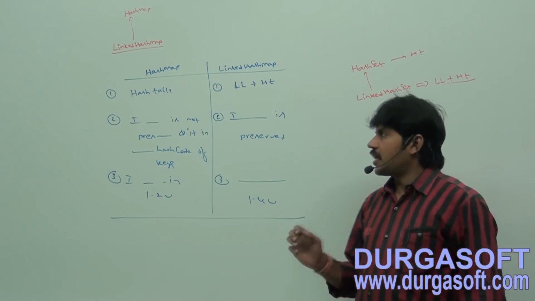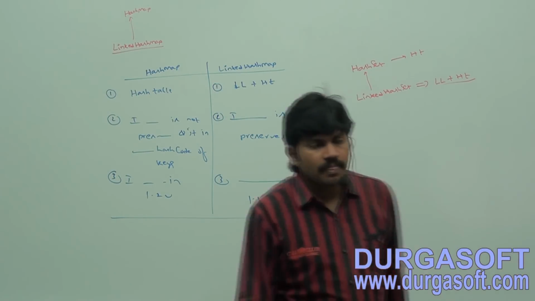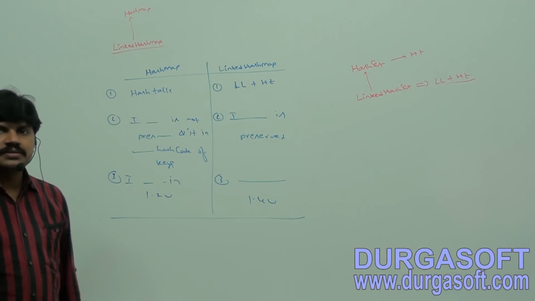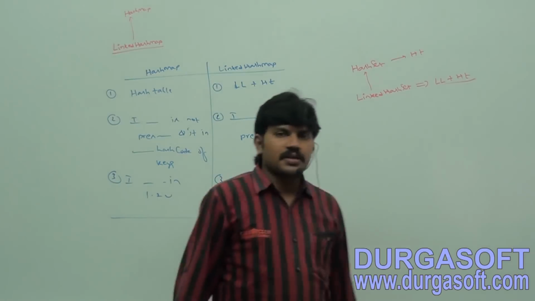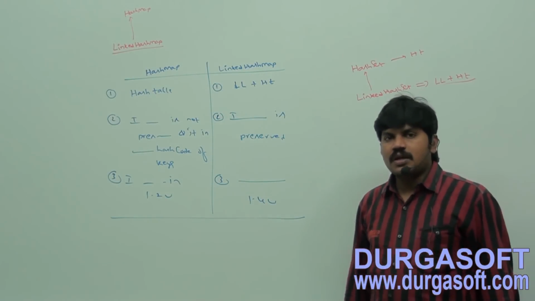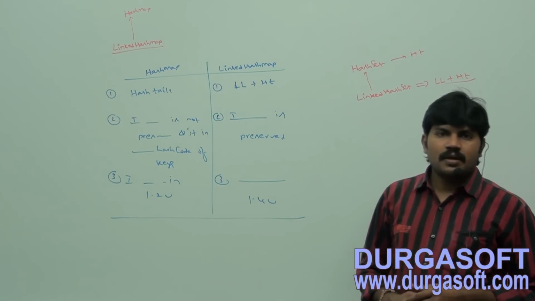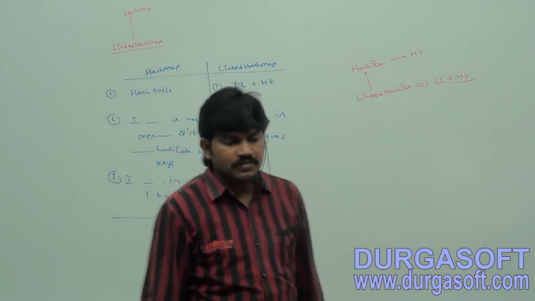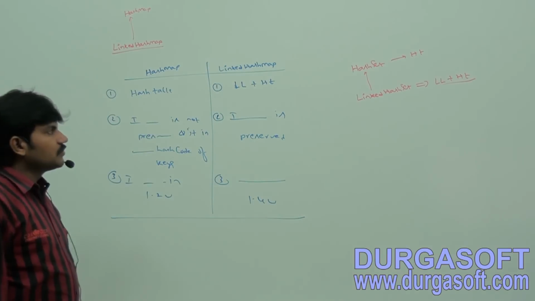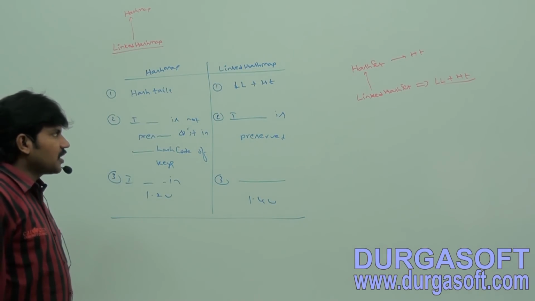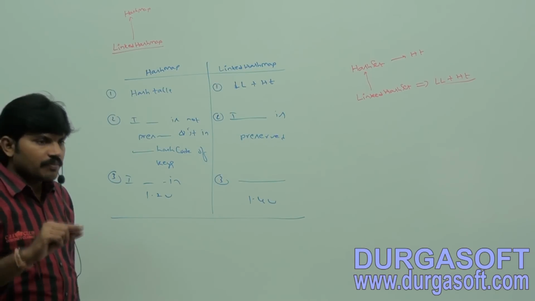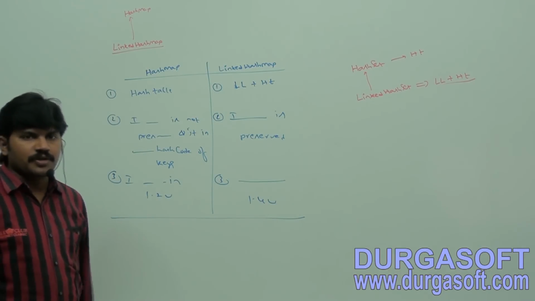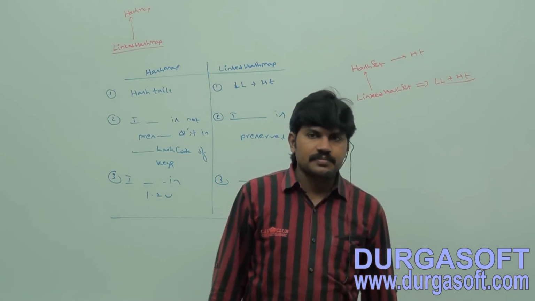On the other side, the underlying data structure is a combination of linked list and hash table, a hybrid data structure. Hybrid means a mixed combination.